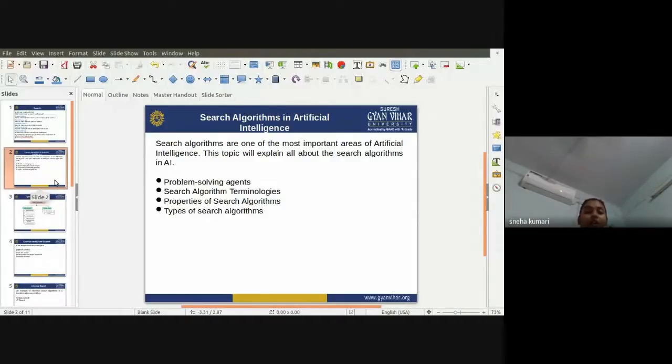A search algorithm is said to be complete if it guarantees to return a solution if at least one solution exists for any random input, right?